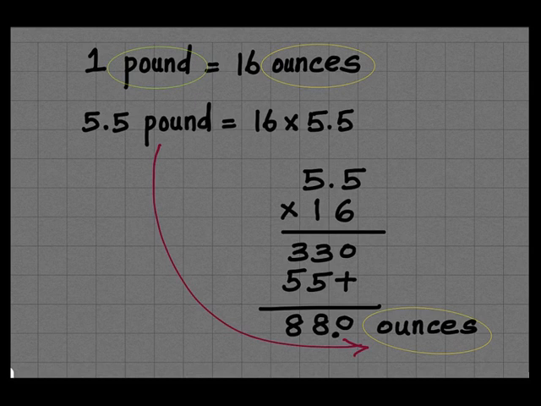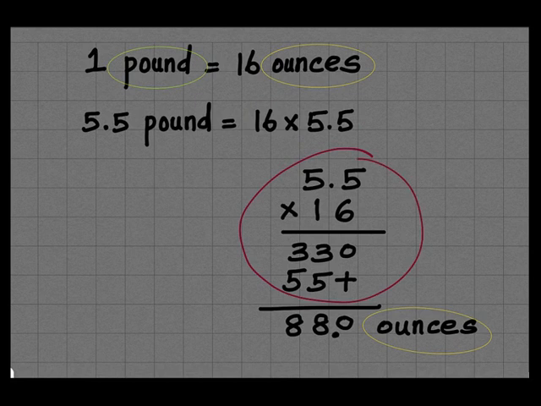Okay, 1 pound equals 16 ounces. What is the value of 5.5 pounds? 5.5 pounds equals 16 times 5.5. So it's again decimal multiplication. Just do the normal multiplication, and in the answer finally, wherever the decimal point is in the question, the decimal point is 1 digit to the left.